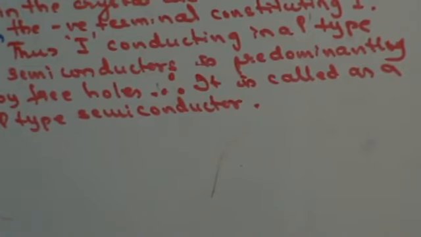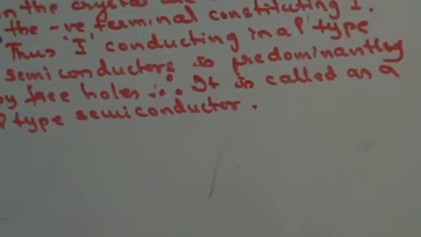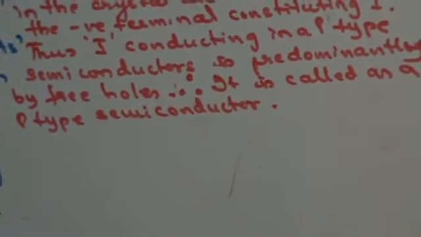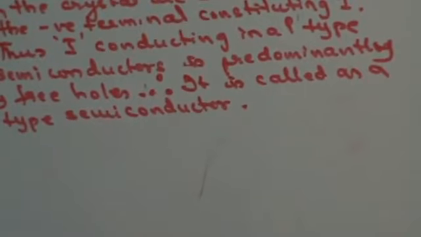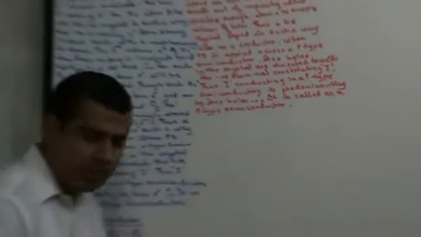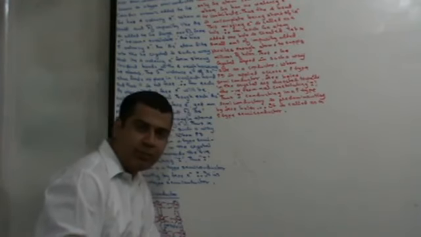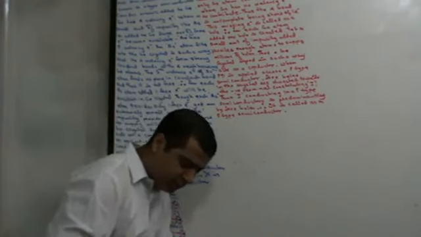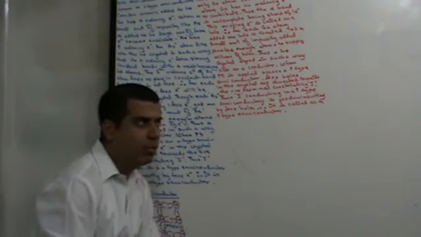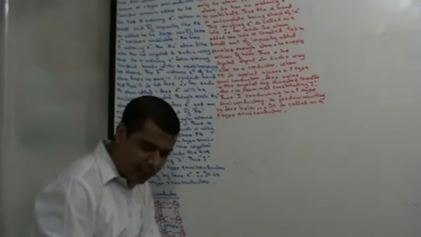The new holes are produced by addition of the trivalent impurity. Thermal energy at room temperature generates a small amount of electron-hole pairs, but the number of holes produced by the trivalent impurity far exceeds the number of holes and electrons produced by the breaking of the covalent bonds.